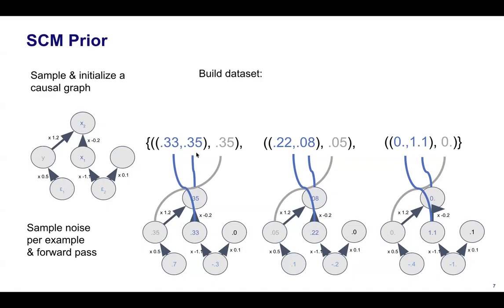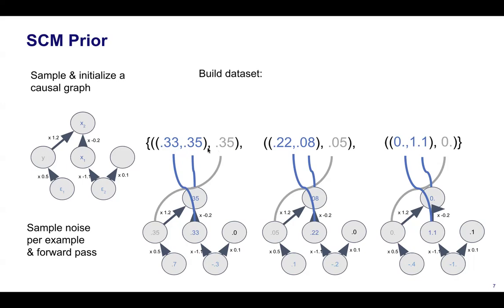And we sample one graph, we then sample differently randomly generated data. So one time we generate 0.7 and minus 0.3 as the noise. The next time we generate 0.1 and minus 0.2 as the noise. And the next time we generate another noise as input. We then propagate this throughout the graph, and then we record the values at the features and the target label.